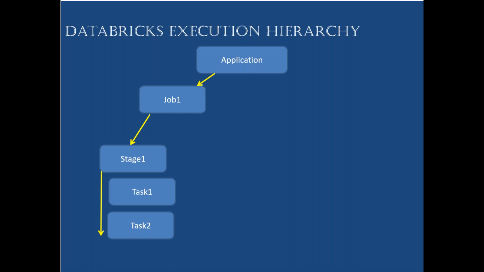If I read, let's say, 1 lakh records and it creates 8 partitions, it divides 1 lakh records into 8 partitions. How many tasks will it launch? 8 tasks. Each partition's execution is one task.